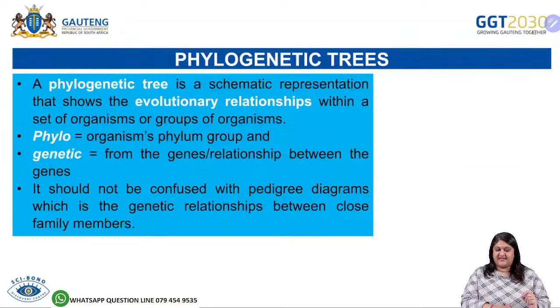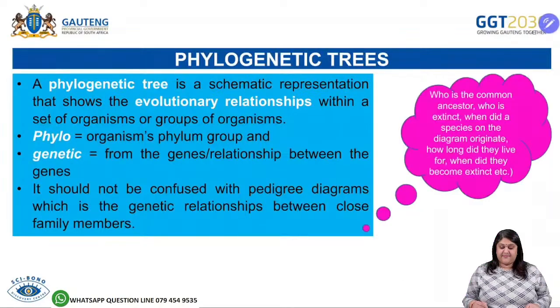But a phylogenetic tree is showing evolutionary relationships. Okay, that is the difference. Phylo refers to the organism's phylum group, and genetic means from the genes, or the relationship between the genes. And as I said, it should not be confused with pedigree diagrams.